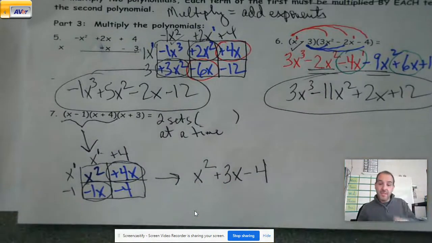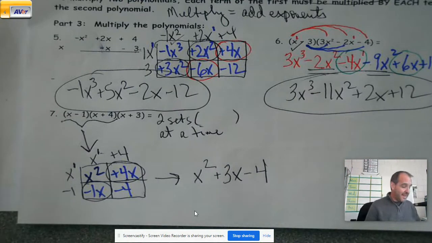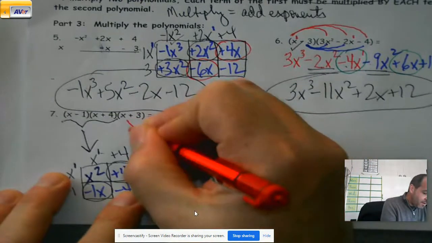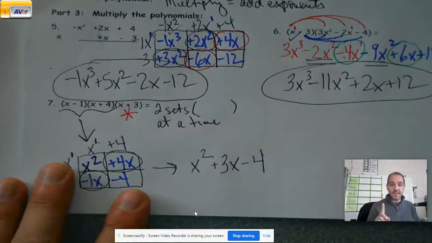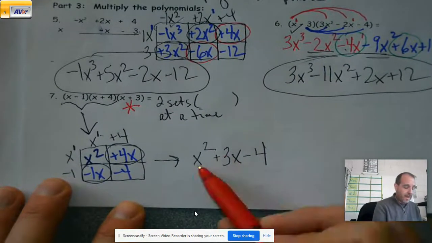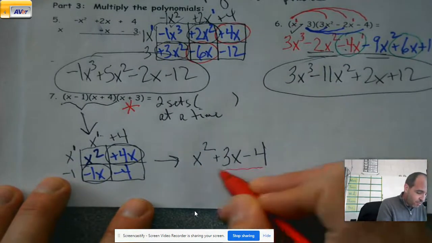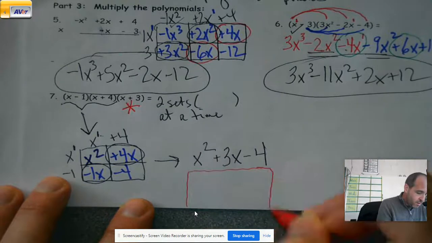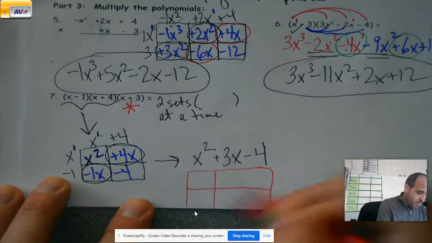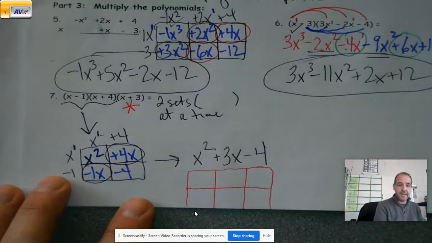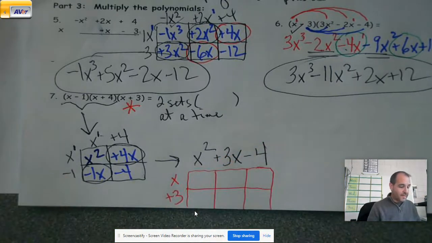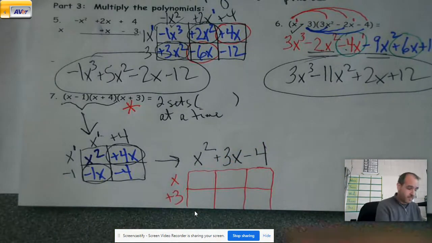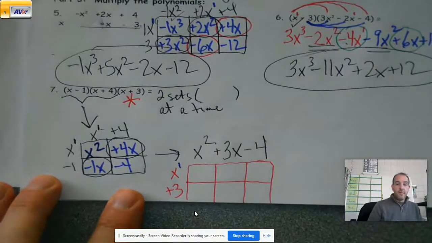But I'm not done because I still need to get this x plus 3 in there somehow. So how am I going to do this? I'm going to create one more box based from my answer here. So if you've got room, I'm going to go ahead, take my last answer, put the x plus 3 here with it, and keep going.